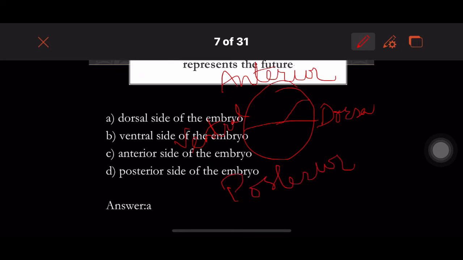So this is how the symmetry of the egg changes after the formation of the grey crescent or after fertilization. Initially the egg has radial symmetry, but after fertilization it has bilateral symmetry, right?